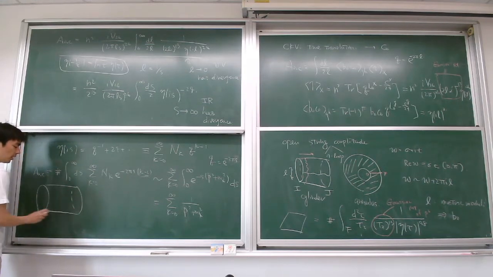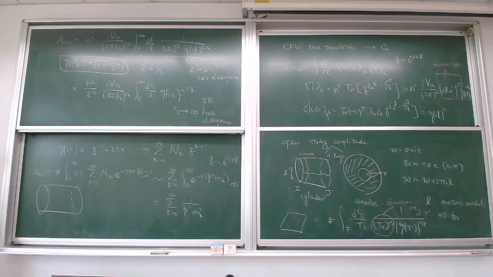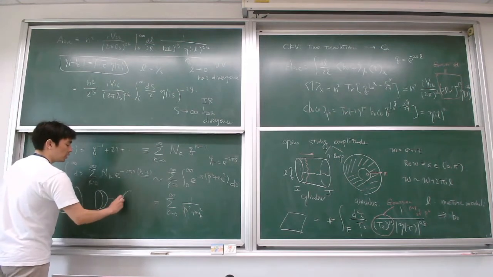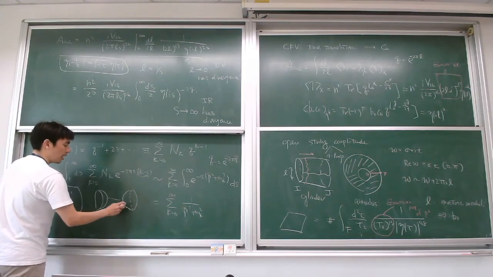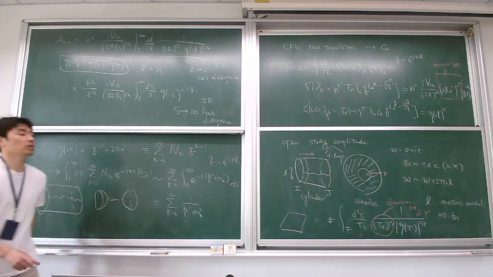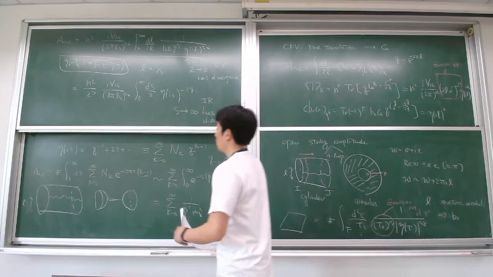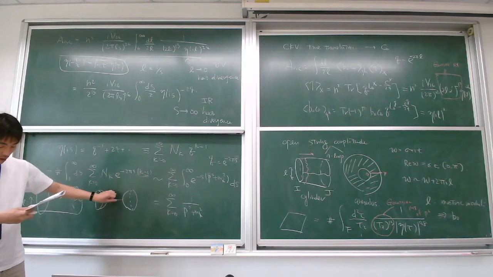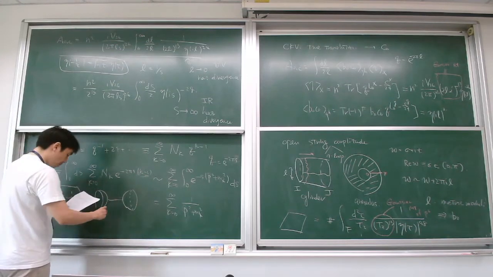We consider the cylinder amplitude, and when L goes to 0, we saw the UV divergence. But using the modular property of the eta function, this can be understood as some particle propagating as a closed string. If you use open-closed duality, it's a schematic argument, the closed string goes to the particle limit, and then a massless field is propagating.